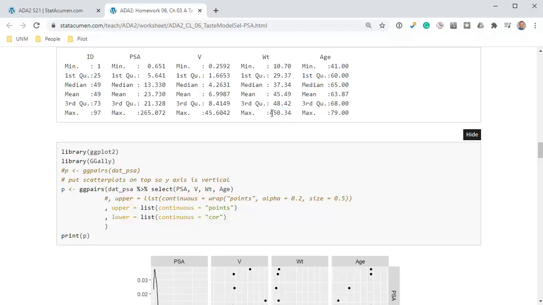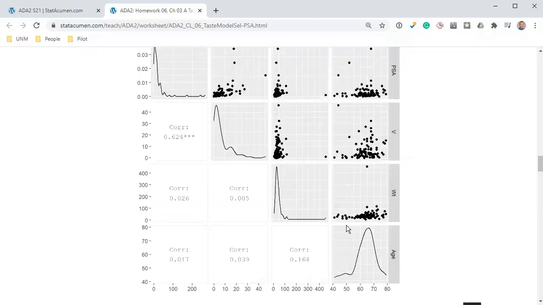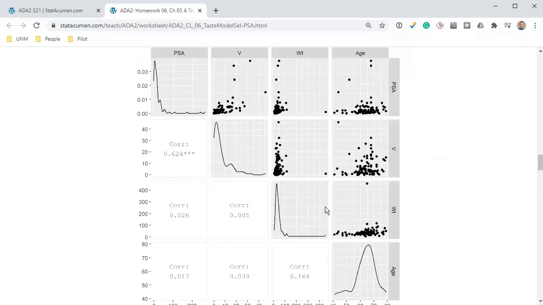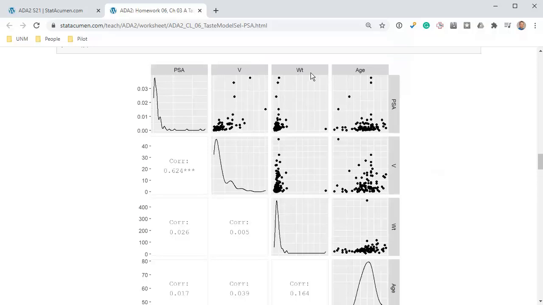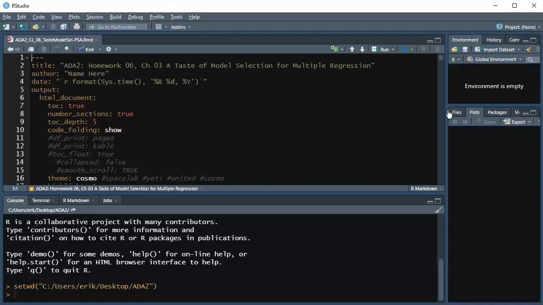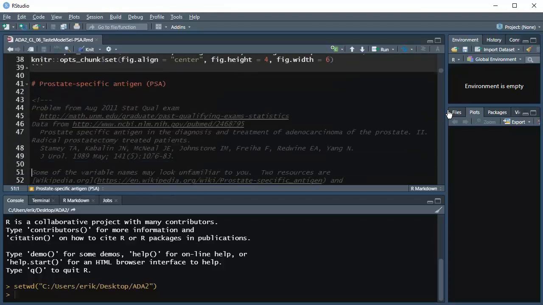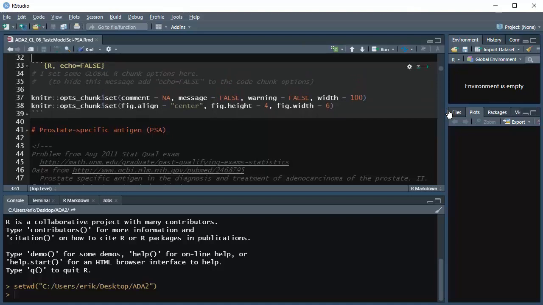Anyway, there's a problem here. So let's remove observation 32 because that seems to be a data entry problem. Let's also, because of all the right skewness here, take the log transform of those three variables, PSA, volume, and weight. So we'll do all that at the same time. And now we'll start using RStudio now that we're ready to make some changes.